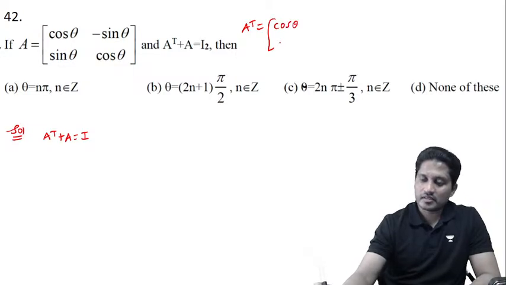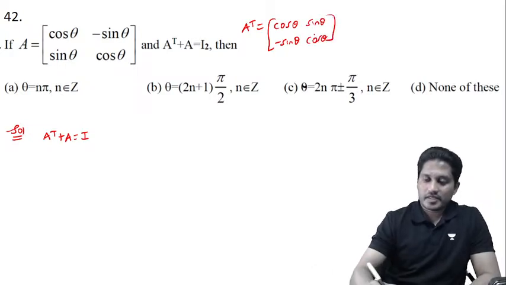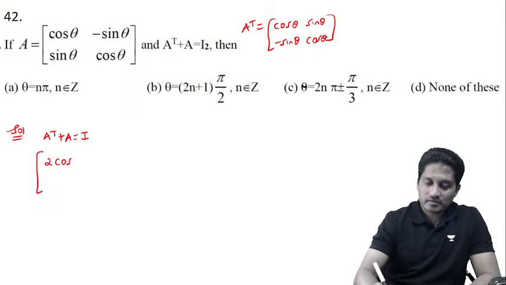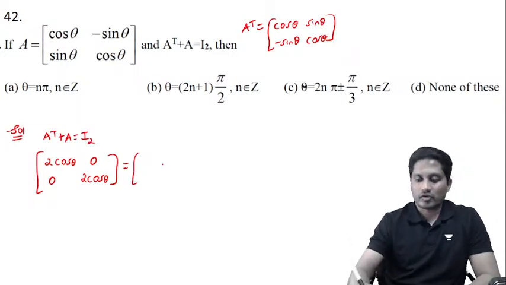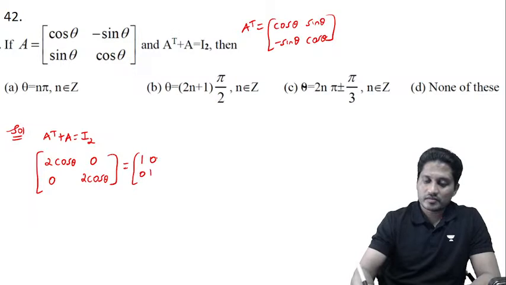This is cos theta, minus sin theta. This is sin theta, cos theta. A plus A transpose, if I add, you get 2 cos theta, this is 0, this is 0, and 2 cos theta is equal to I. I can be written as I2, which means a unit matrix of order 2, that is 1 0 0 1.